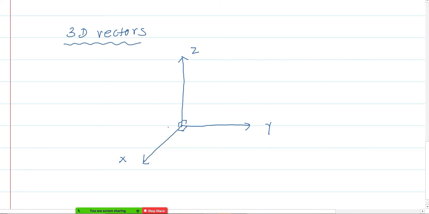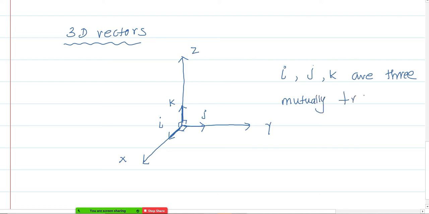The same way, i is a unit vector which denotes the direction of the x-axis, j is a unit vector which denotes the direction of the y-axis, and k is the unit vector which denotes the z-axis. So i, j, k are 3 mutually perpendicular unit vectors.